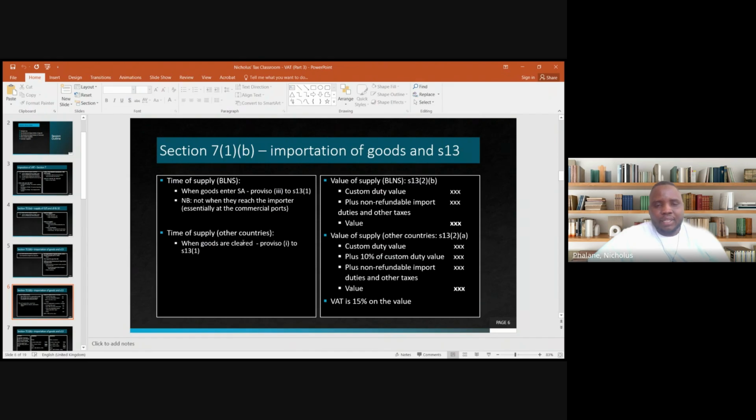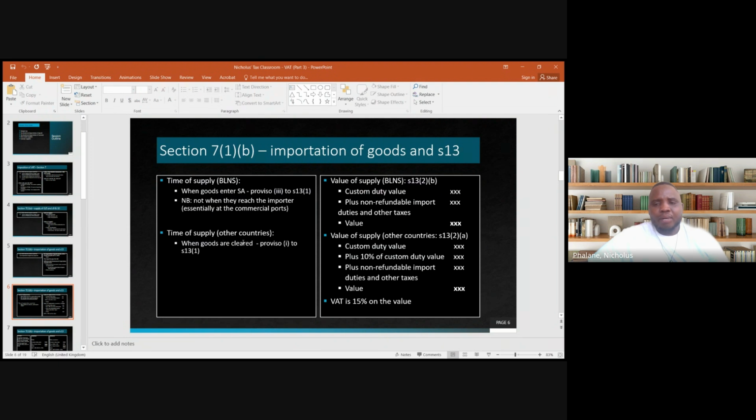When they are cleared and ready to be delivered to the importer, for example at the airport, then they will get the goods there. So at the moment they are cleared, that is the time of supply. And there is a section reference provided.